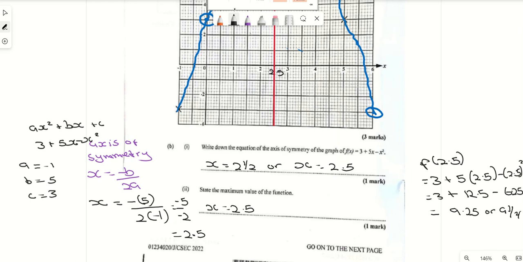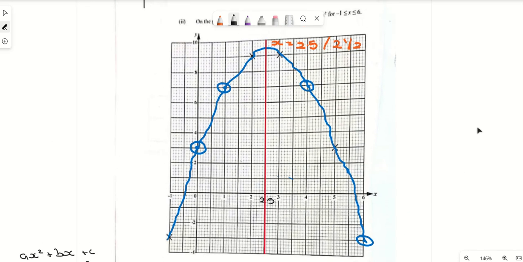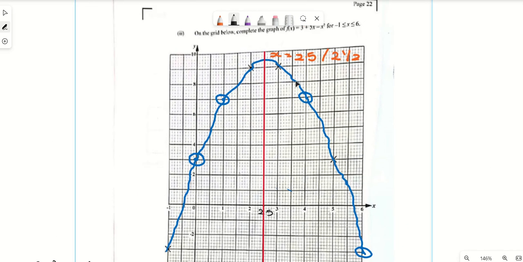Now, sometimes, guys, they may tell you you need to use your graph to find this answer, and I will show you how to find your graph. So your maximum is the point at which your parabola is at its highest, so 9.25. So you're going to look at your graph, and you have to look at where this axis is.